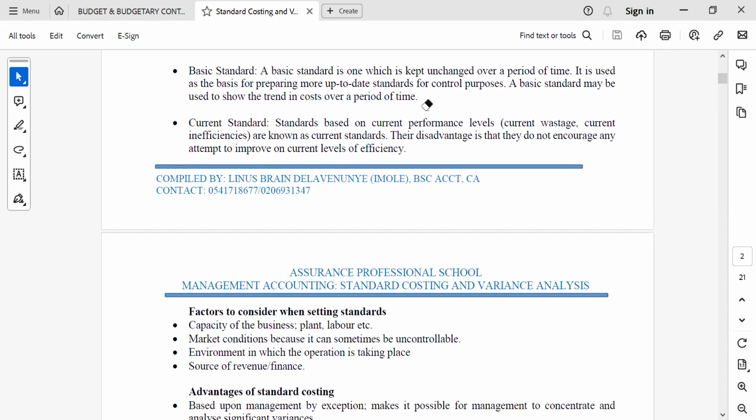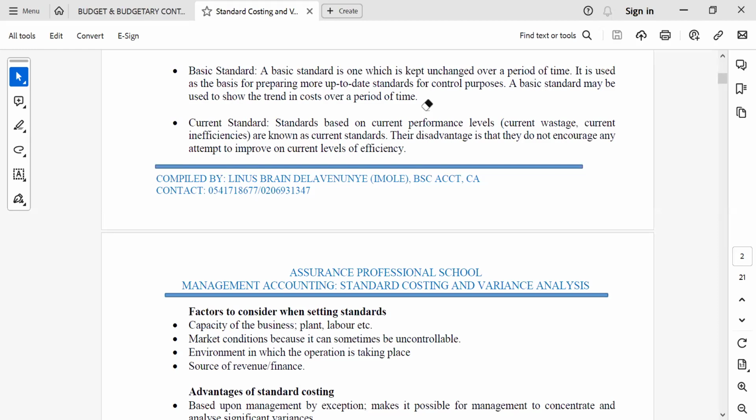Another one is the market conditions, because it can sometimes be uncontrollable. So for the market conditions, we have to talk about the demand and the supply issues. You are into trading of what? Seasonal items. Maybe maize. You are selling maize.